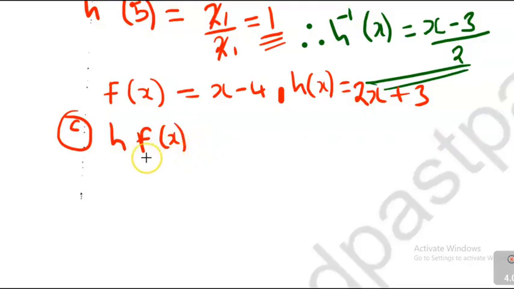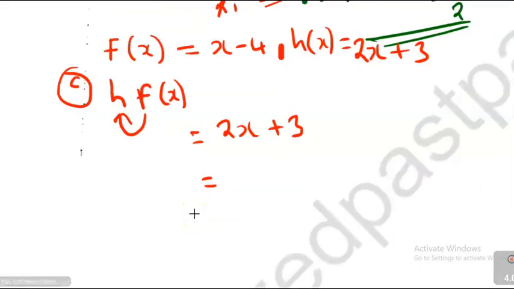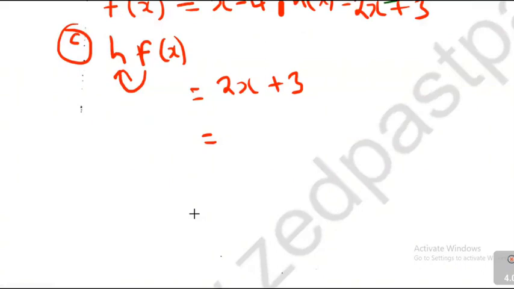So what it means is this function f is going to compose the function h. The function h is 2x plus 3. Since the function f composes the function h, where there is x in the function h, we're going to put the function f.